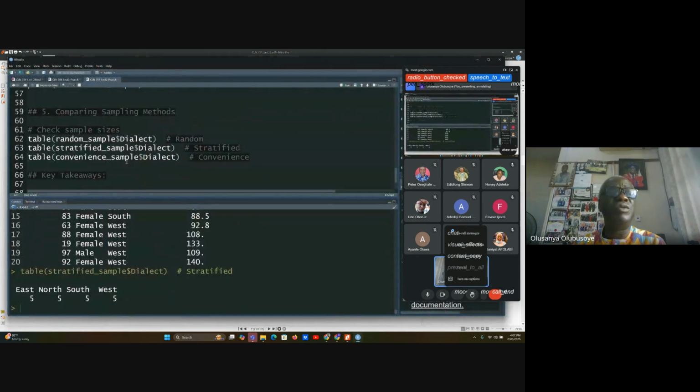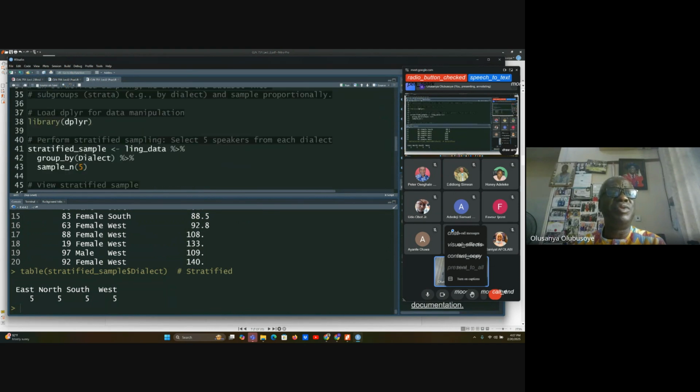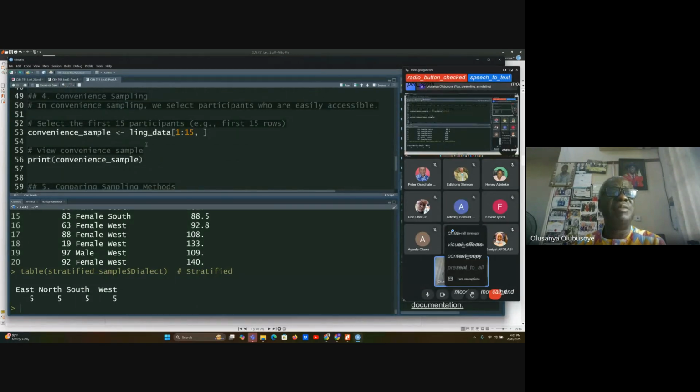If we perform the same thing in this example, let's say I employ stratified sampling and I want to select 10, instead let me just draw the first 10.